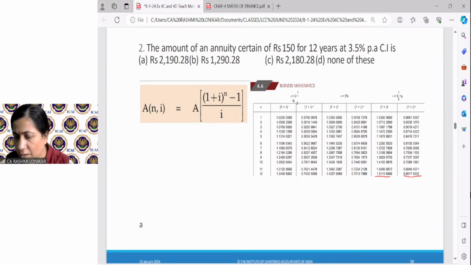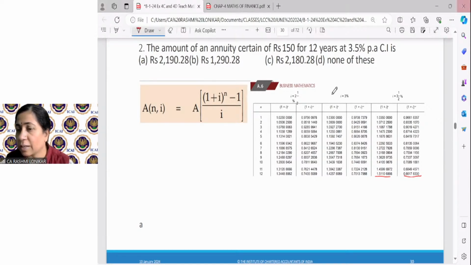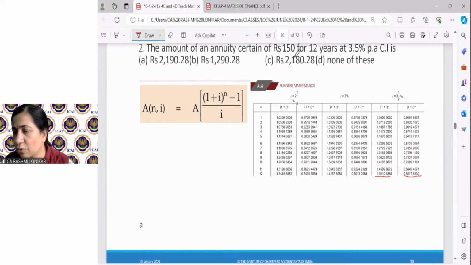Okay. Yes. The second sum: the amount of annuity certain of rupees 150 for 12 years at 3.5% is. Okay, so see, the first thing is they will either already give you. Now let us see. 150 rupees into 12. How much is this? This is 6,000 rupees, right?